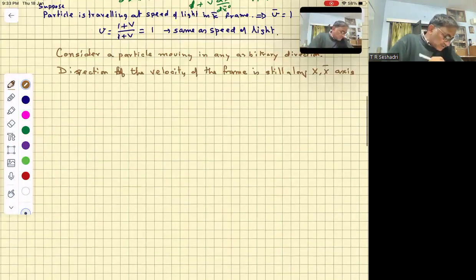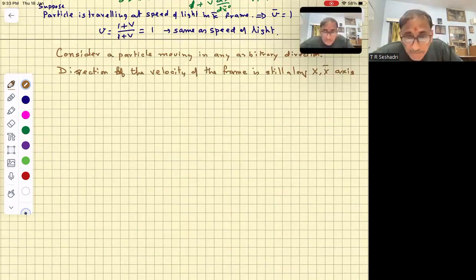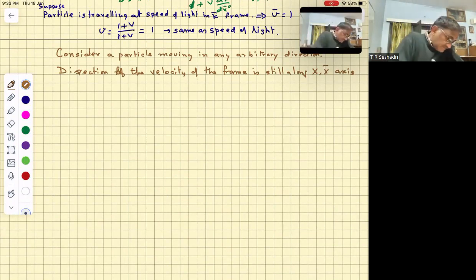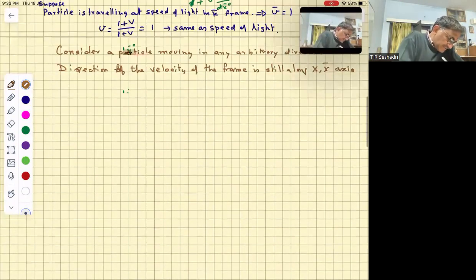Now I am going to talk about a particle which is traveling in an arbitrary direction. Let me just rewrite those relations.